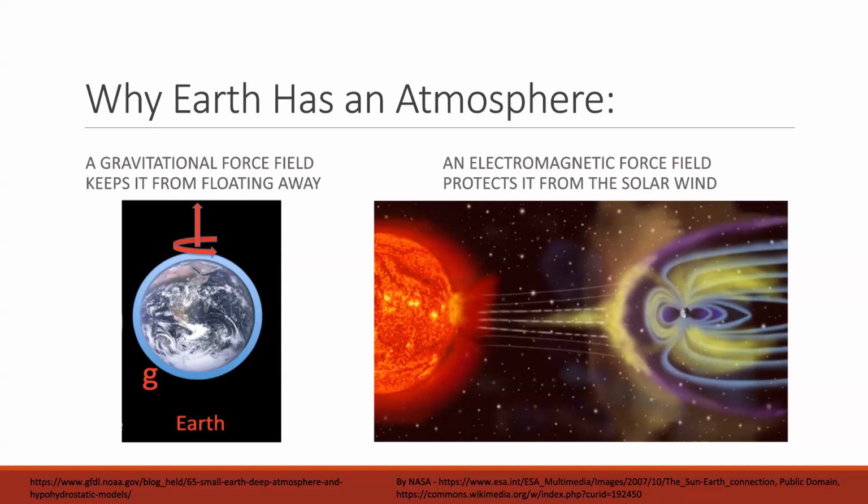Well, first of all, the gas molecules that are in the atmosphere are able to hover around the surface of the Earth because of the force of gravity. All objects that have mass have gravity. The bigger the object's mass, the bigger the gravity. So the Earth is big enough that it is able to prevent the gas molecules that make up the atmosphere from floating off into space.